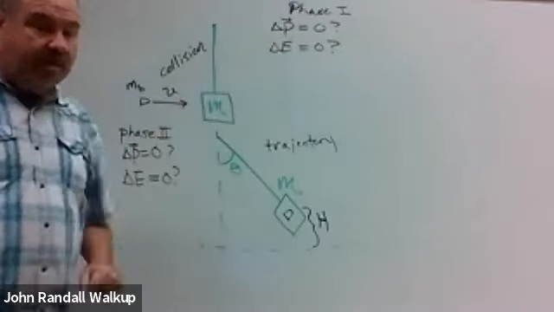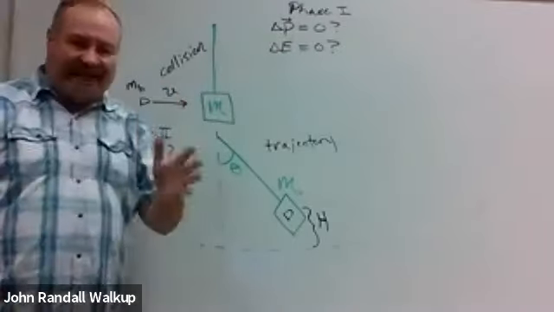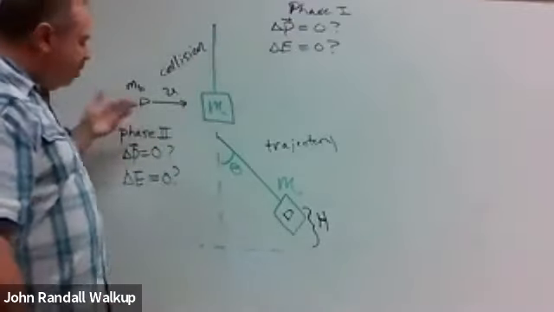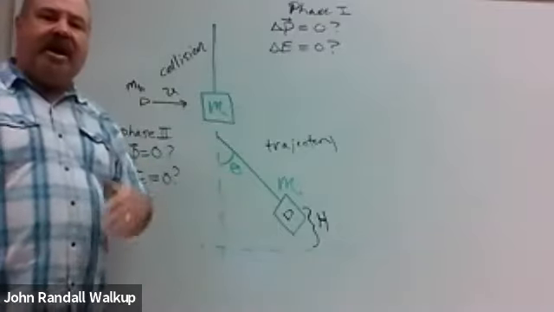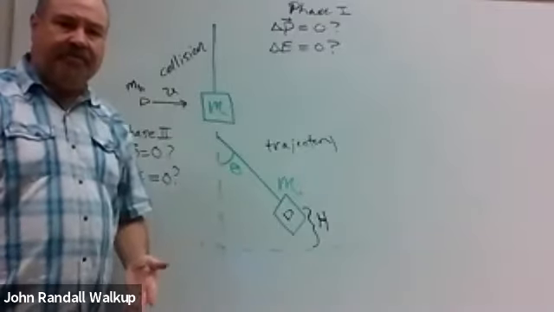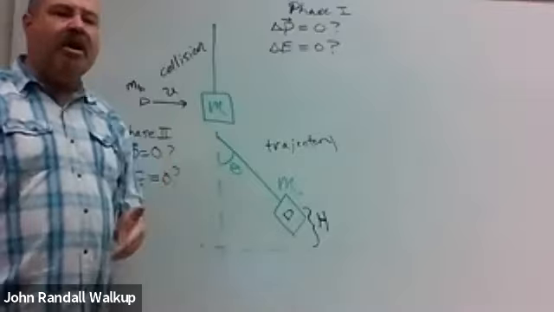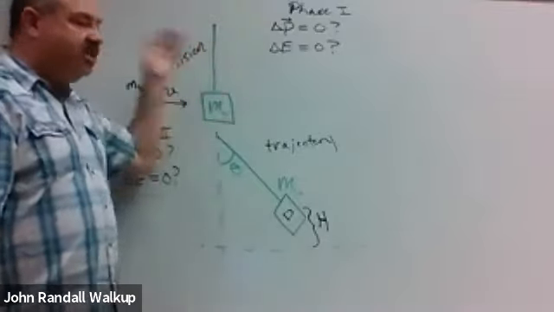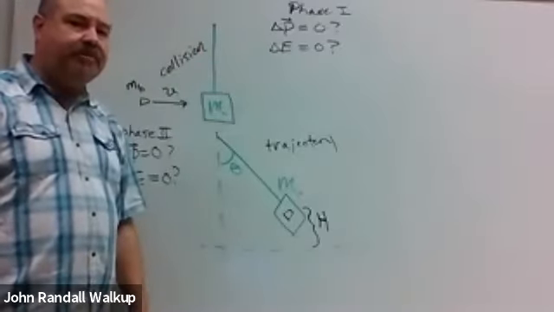Now, keep in mind something. So, yes, there are tests that we apply to determine whether momentum is conserved and energy is conserved. Go back to the tests. Under what conditions are these conserved? Does the system satisfy those conditions?